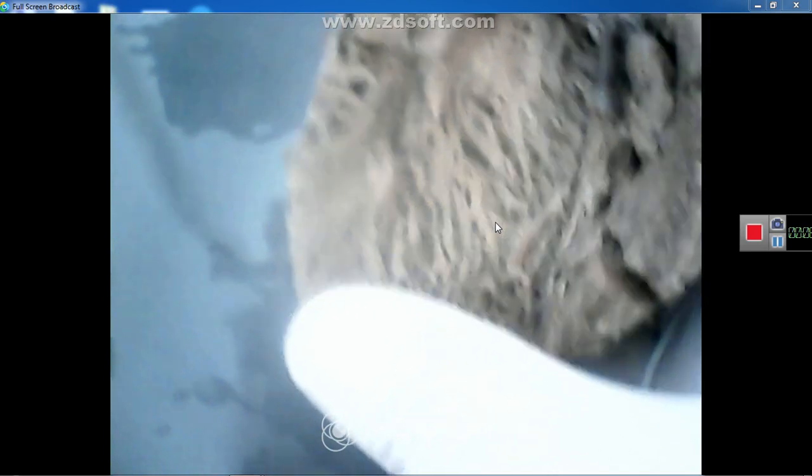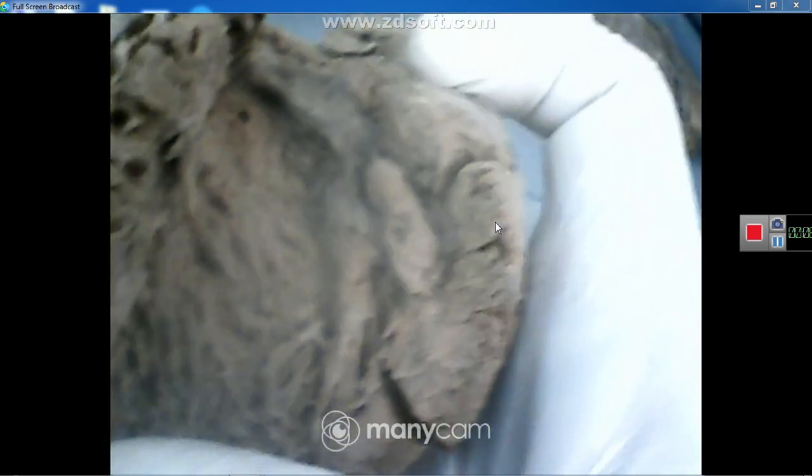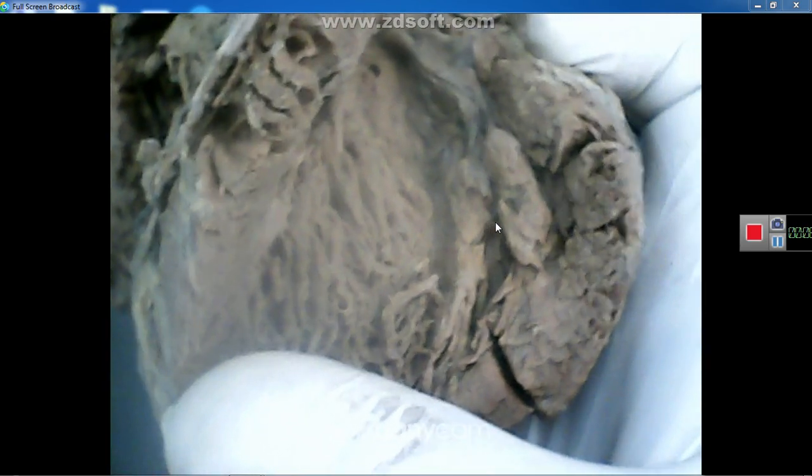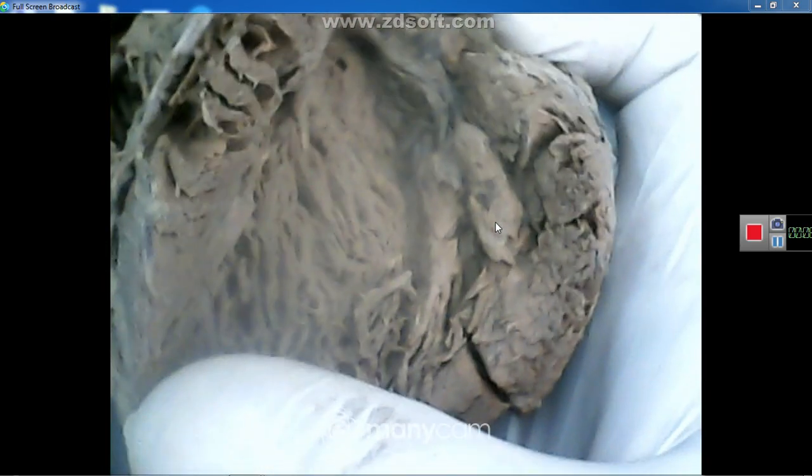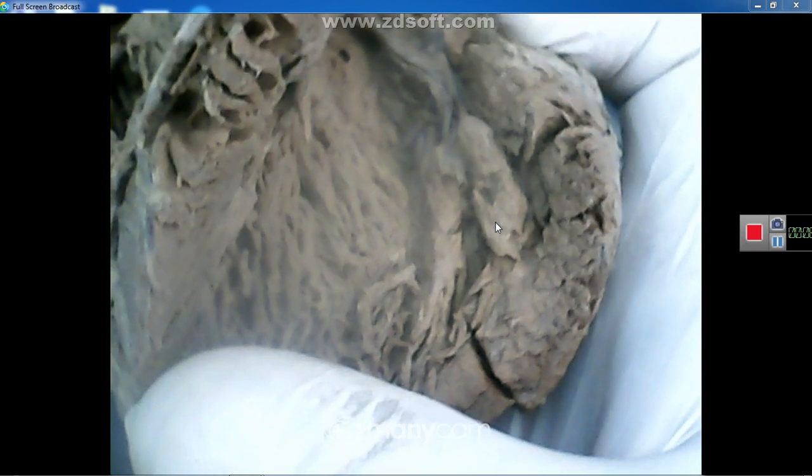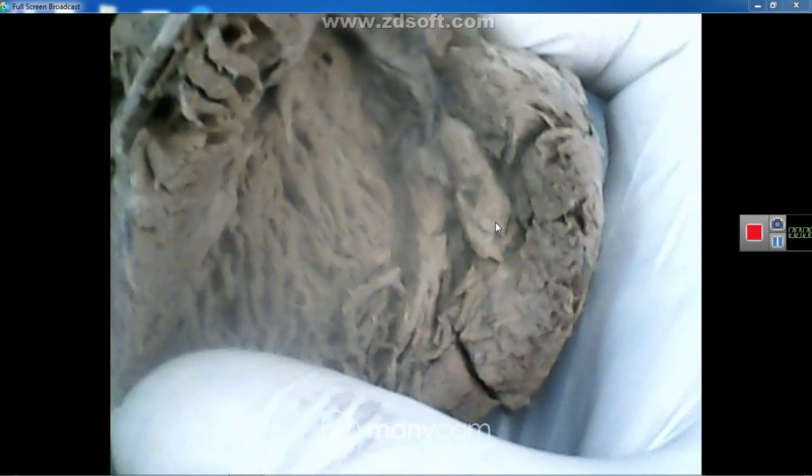Again, trabeculae carneae are ridges, bridges, and papillary muscles. This is one of the papillary muscles, and that is the other. The papillary muscles are anterior and posterior. There are no septal papillary muscles, unlike the right ventricle.